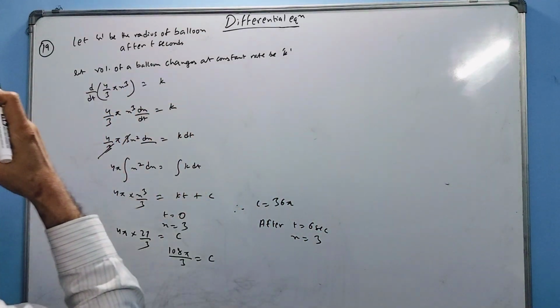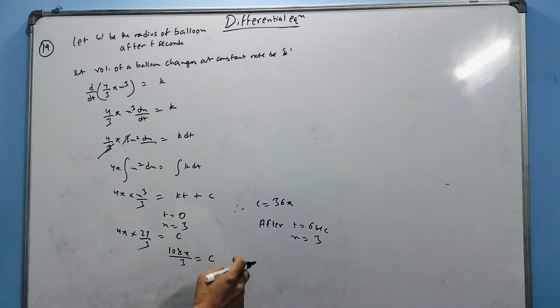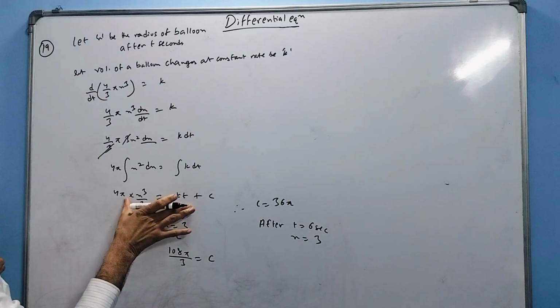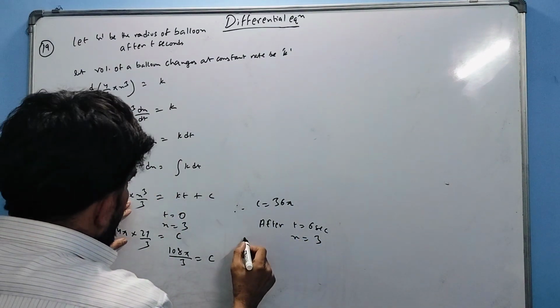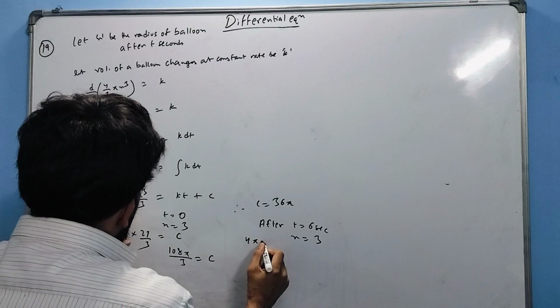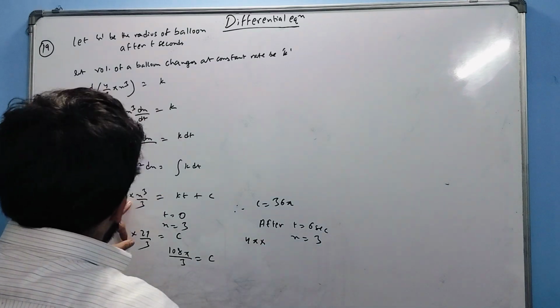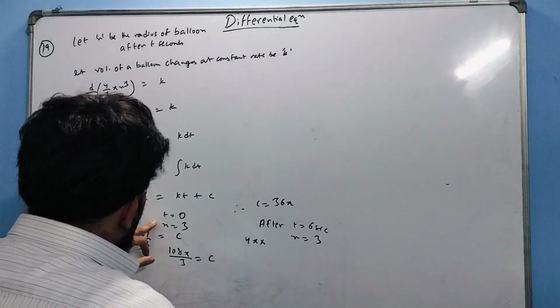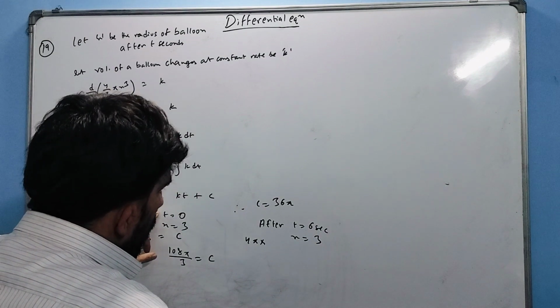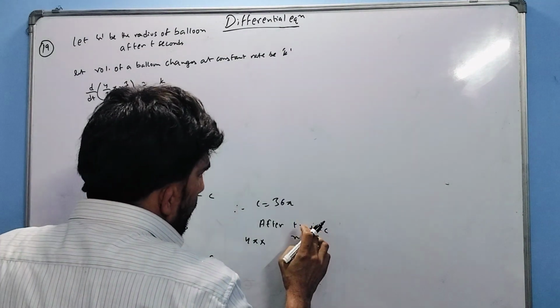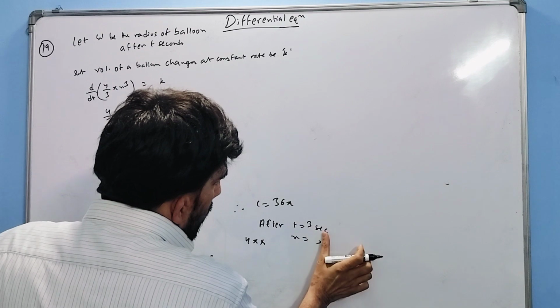Okay, so now we'll put this value in here so that we can find the value of k. It will be 4 pi, we have taken x equal to 3, t equal to 0. But after 3 seconds, sorry, radius becomes 6 units.